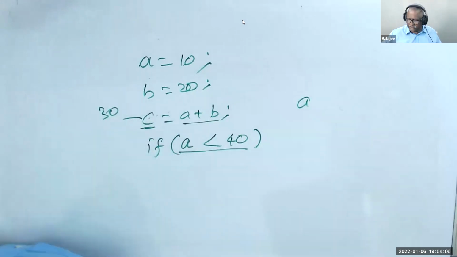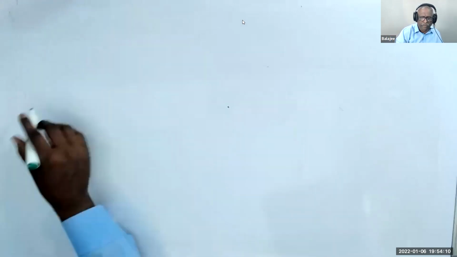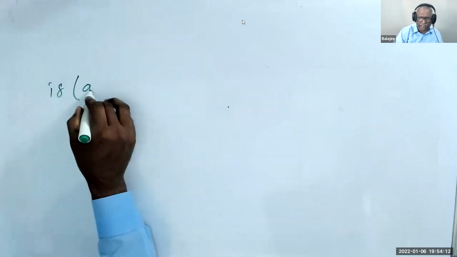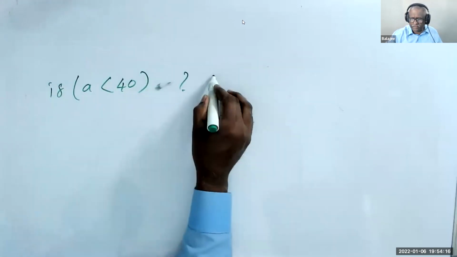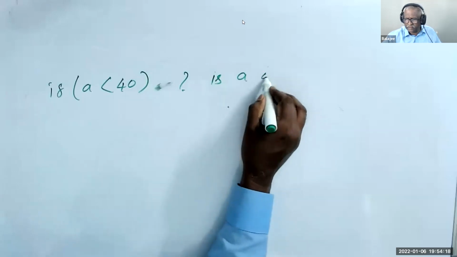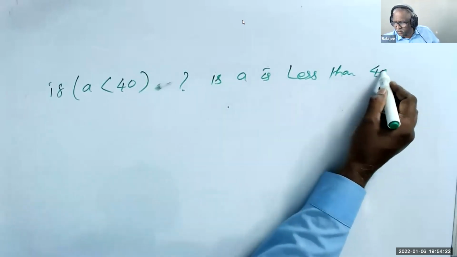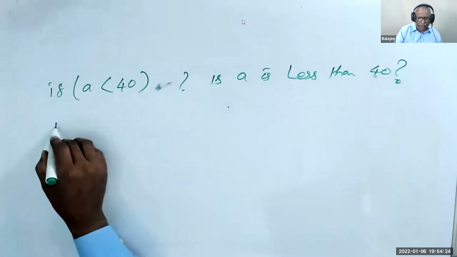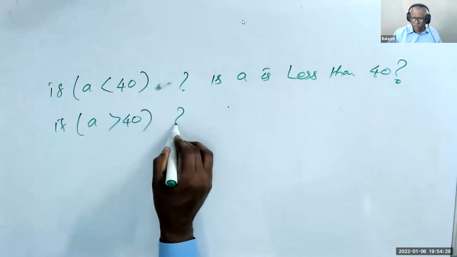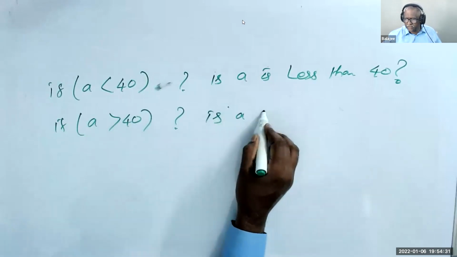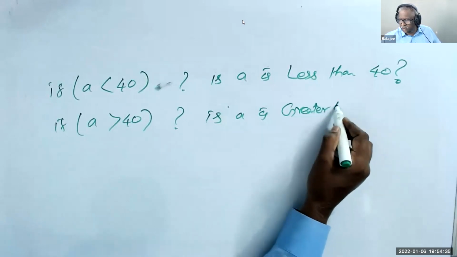If I say if A less than 40, I ask the question, is A less than 40? Same way, if A greater than 40, is A greater than 40?